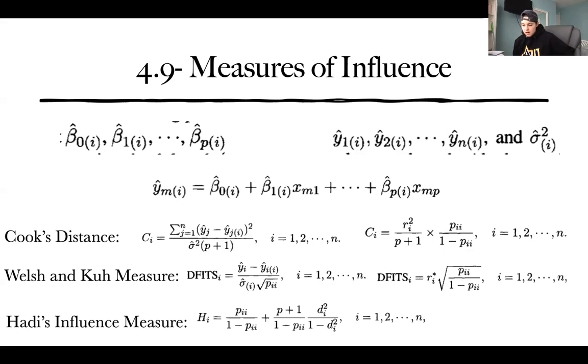So the next measure we have here is called Welsch and Cook measure. So this is going to be denoted by something called DFFITS sub i.